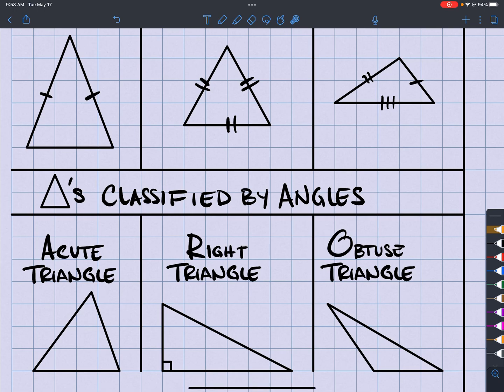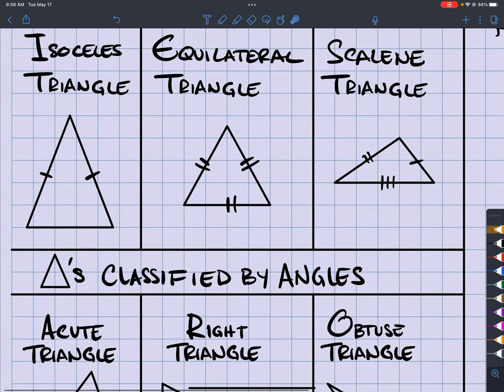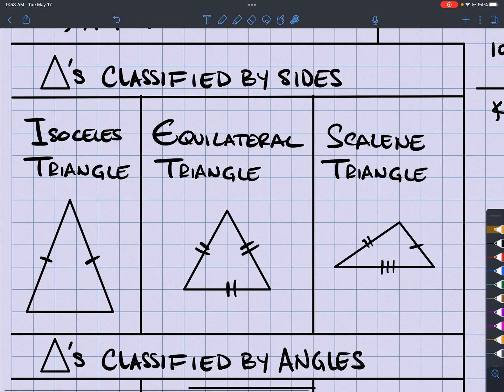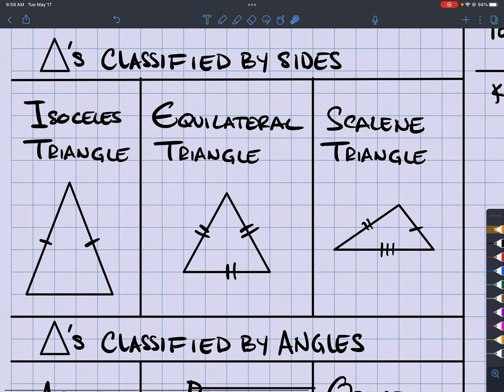Now, triangles are also classified by sides versus classified by angles. Okay, you've got to call them appropriate names because of it. So when it's classified by sides, we have the isosceles triangle. It means that two sides are the same. Now, with triangles, because the two sides are the same, it tells me that the opposite angles are also the same.